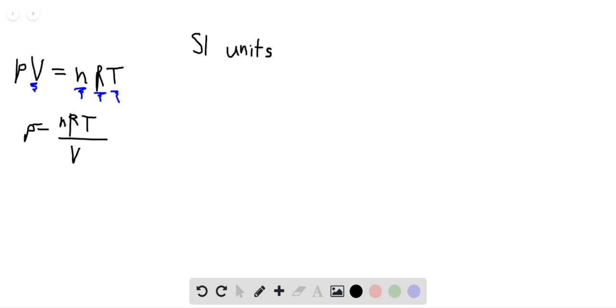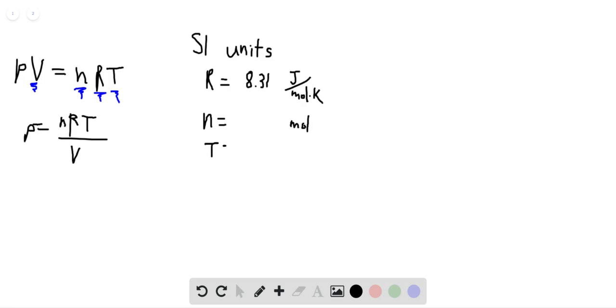Okay, so in this system, R is equal to 8.31 joules per mole per Kelvin. And then n, we need to find it in mole.